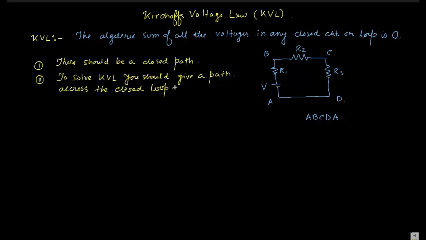The path which you choose may be clockwise or anti-clockwise. That depends upon you, and depending upon the path you choose, you consider the positive or negative of the potential drops.